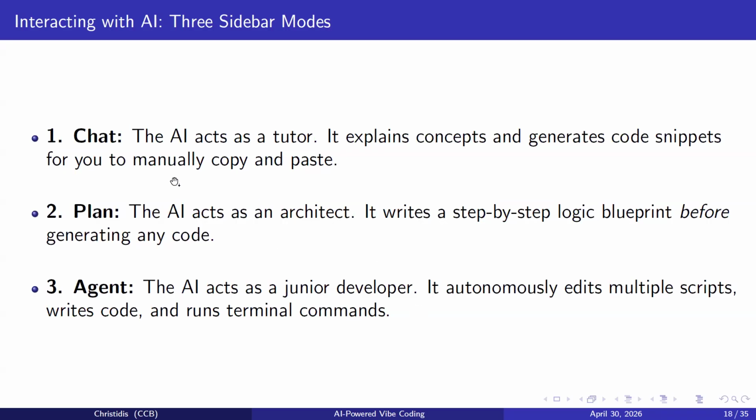And then plan mode is kind of a new development in the field of agentic coding. For people who write a big data analysis or software project, it's often a good idea to break down the project into different components.